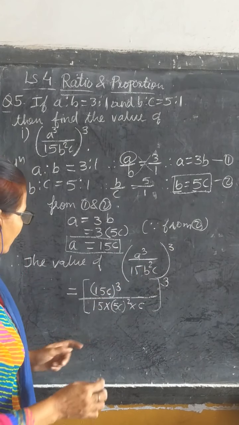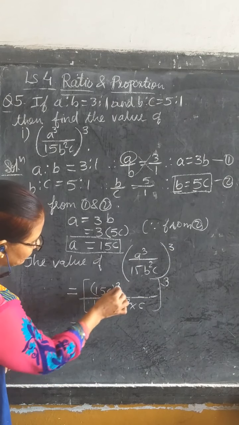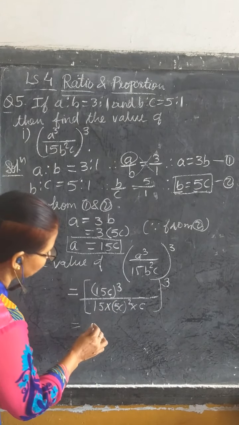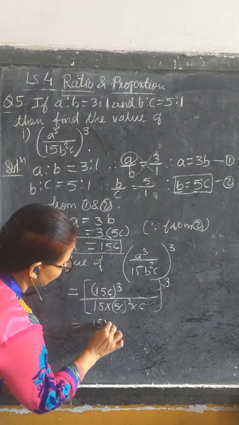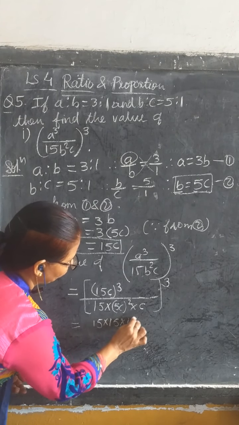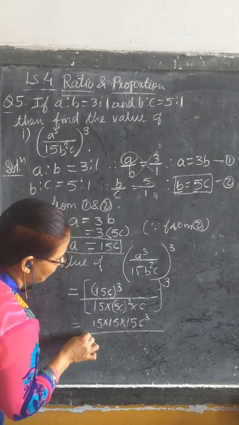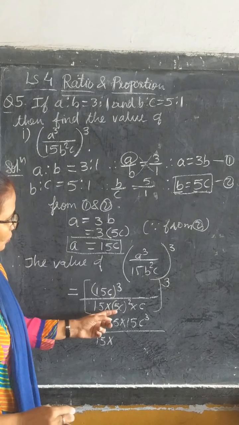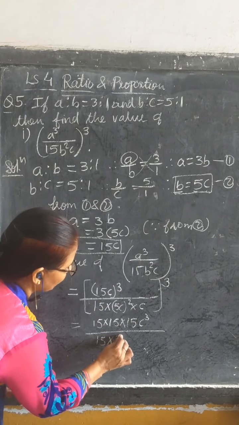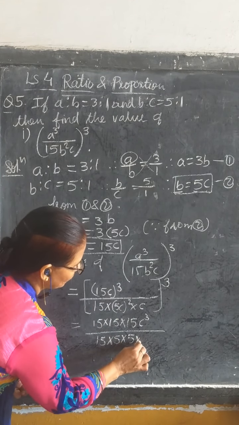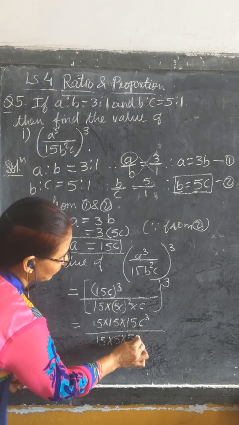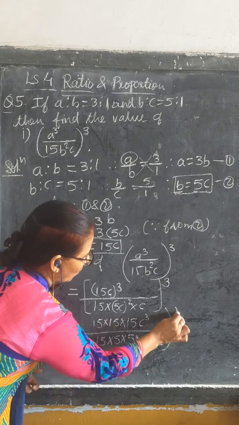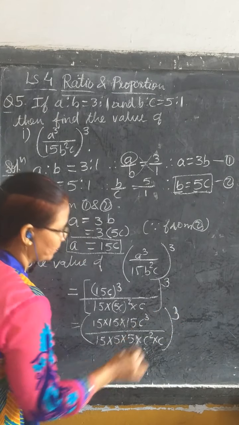Now you know this 15C whole cube can be written as 15 into 15 into 15C cube by 15 into, and now this 5 can be written as 5 into 5, two times as square is given, and C square into C whole cube.